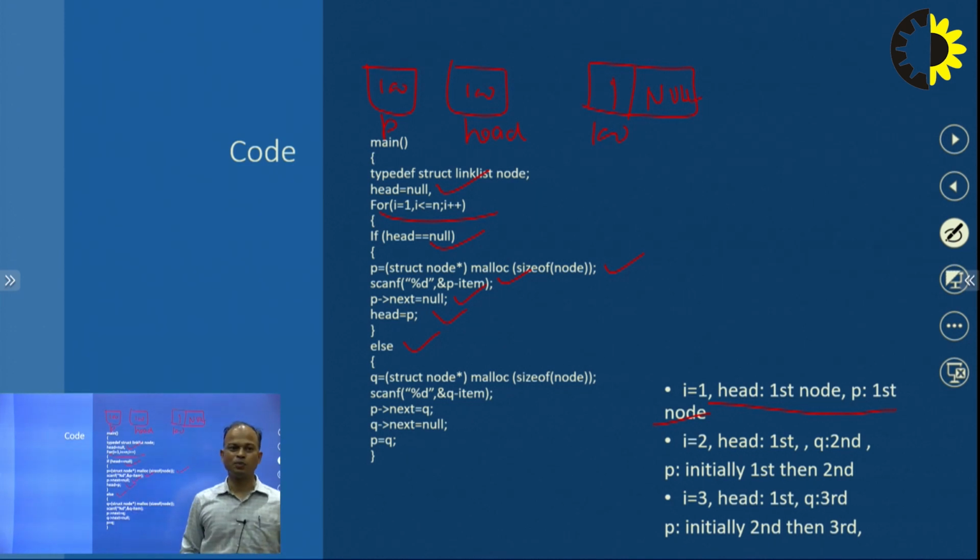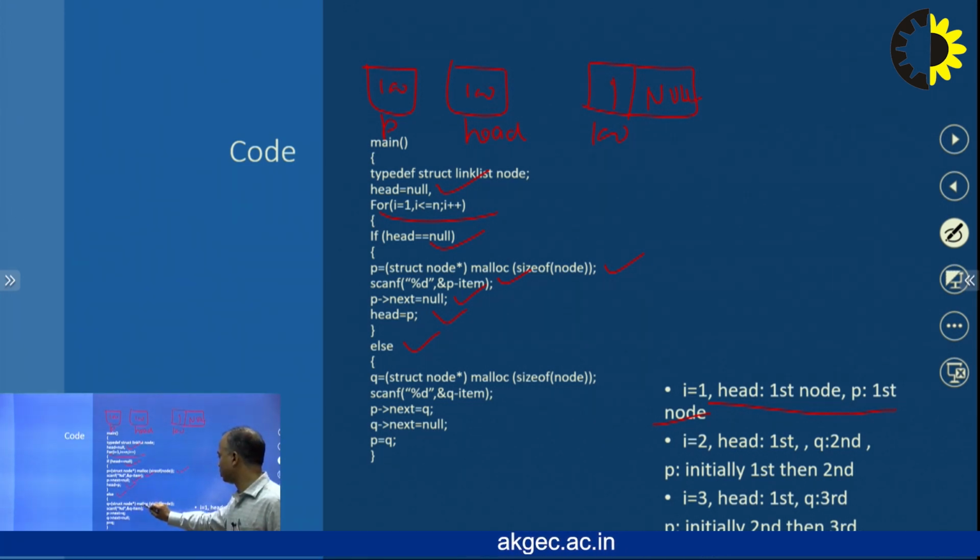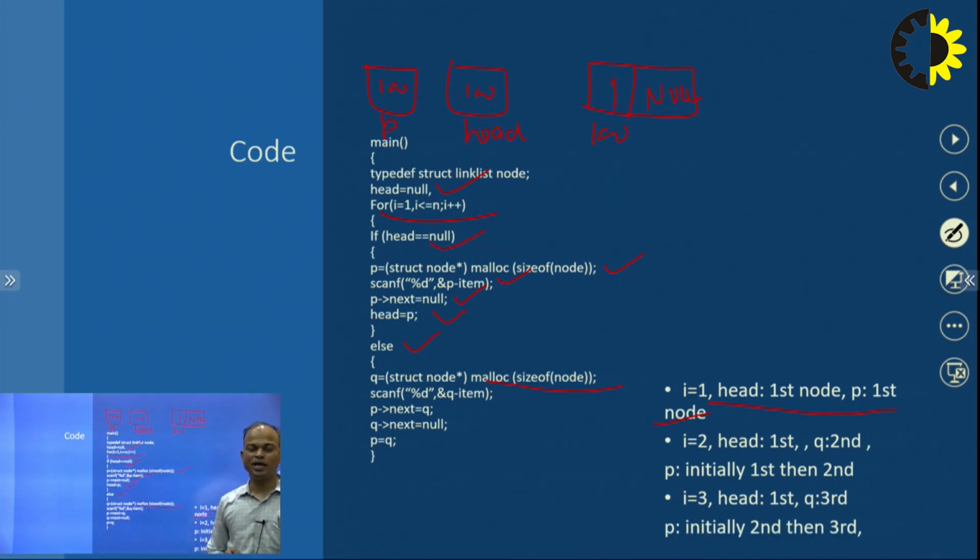So here the else part is being executed and we have the malloc function. Through the malloc function we are creating one more node. Say the second node is created, and the address of this node is 200. We have pointer q, and pointer q contains 200.